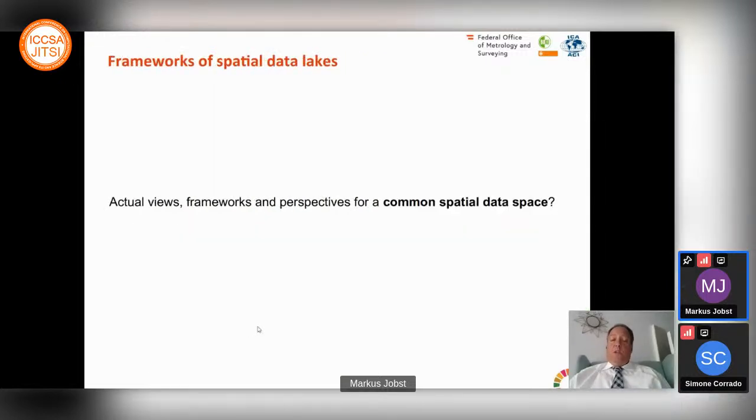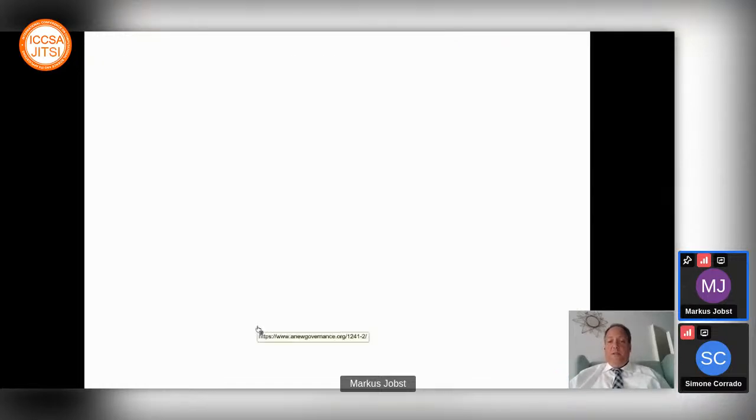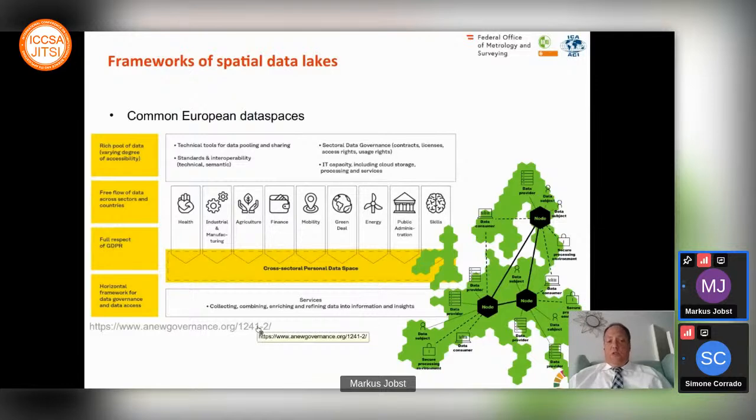So what is the actual status of a common spatial data space? What are we doing at the moment? And maybe some of you have seen those pictures already. So at the European level, we are working on a common European data space, where at the beginning we were speaking of one common data space. We are now splitting up into thematic domains.